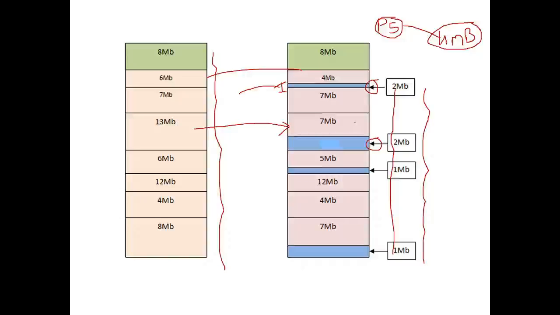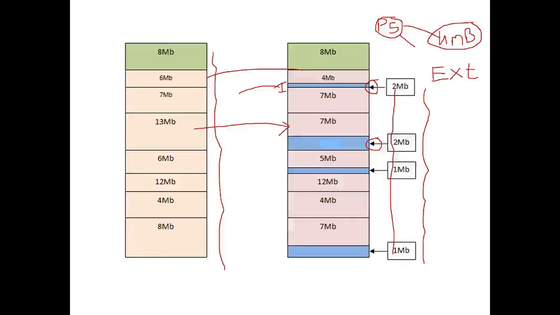See, the memory is still available in the main memory, but it is not in a contiguous form. You cannot find all this memory at one place. Because of this, you cannot allocate the process P5, and this problem we call external fragmentation. Memory is available in the main memory, but because it is not in a contiguous form, you cannot allocate the process.